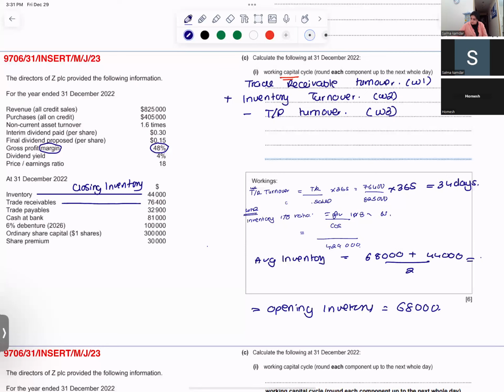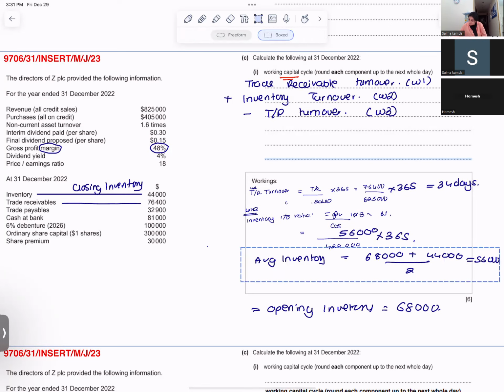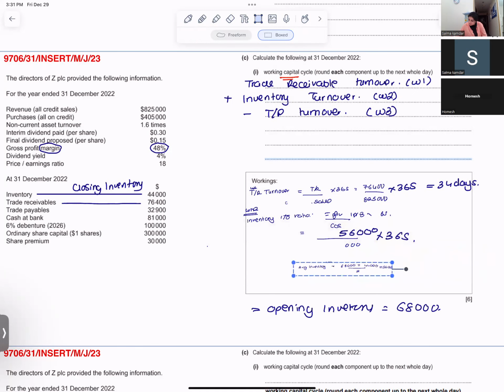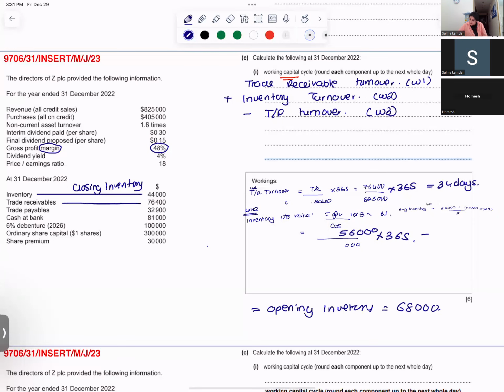Divided by 2, 56,000. So give me inventory turnover ratio. 48 days. Inventory turnover ratio is 48 days. So this was 34 days.